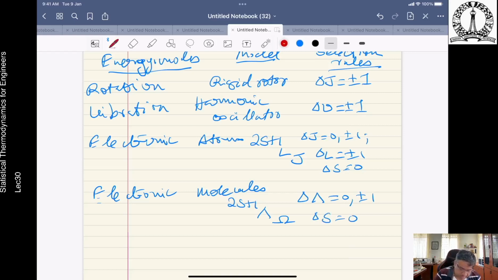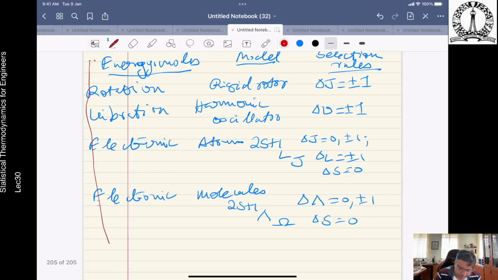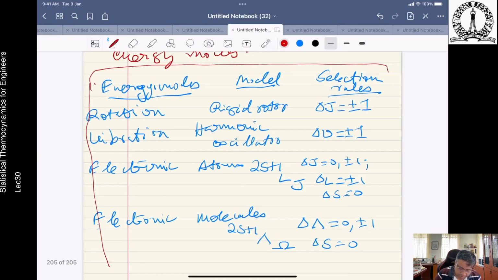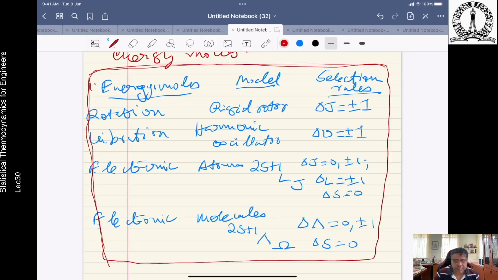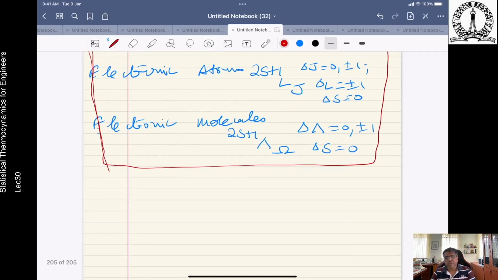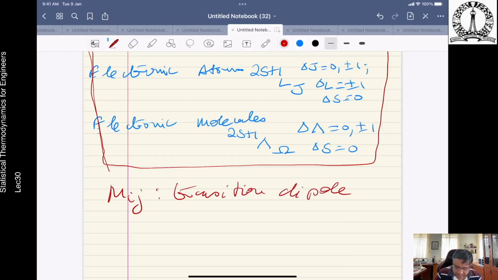So these are the different modes. And in evaluation, we remember that Mij is called the transition dipole moment. If this is equal to 0, then those transitions are not possible in the first place.